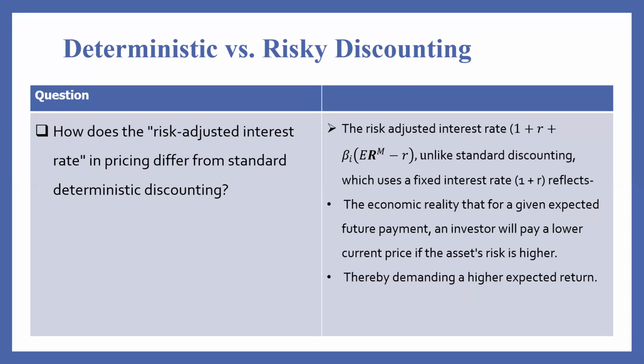The answer is that the risk-adjusted interest rate, 1 plus R_f plus beta_i times (E(R_m) minus R_f), unlike standard discounting, which uses a fixed interest rate 1 plus R_f, reflects the economic reality that for a given expected future payment, an investor will pay a lower current price if the asset's risk is higher, thereby demanding a higher expected return. This reflects real-world investor behavior.